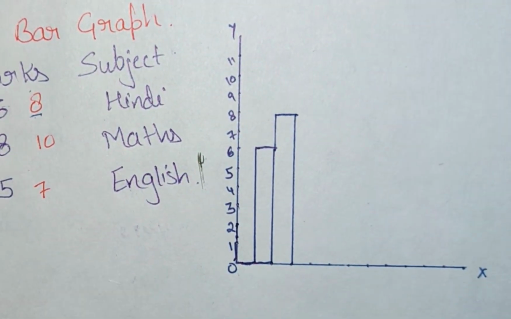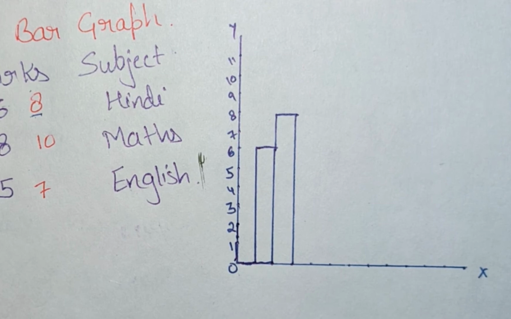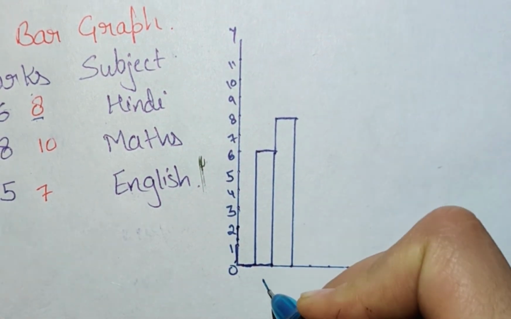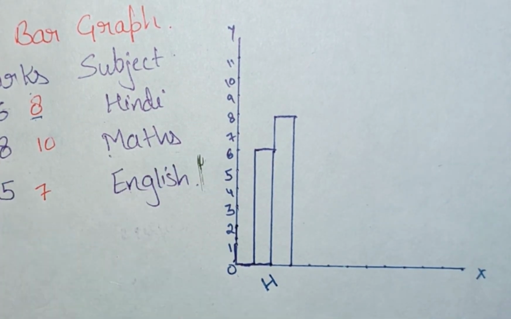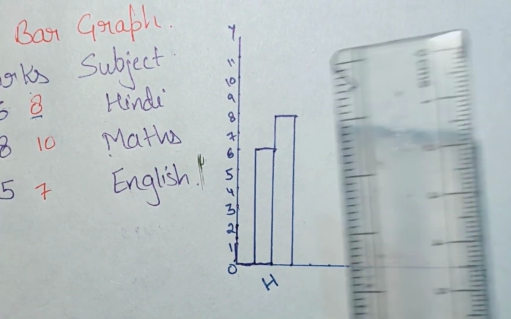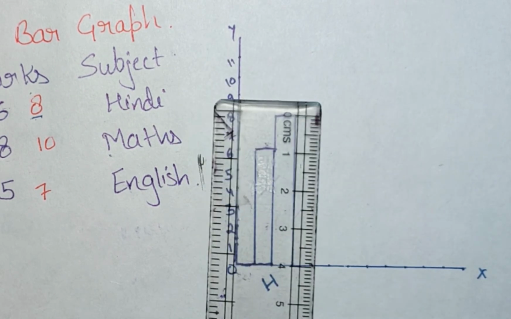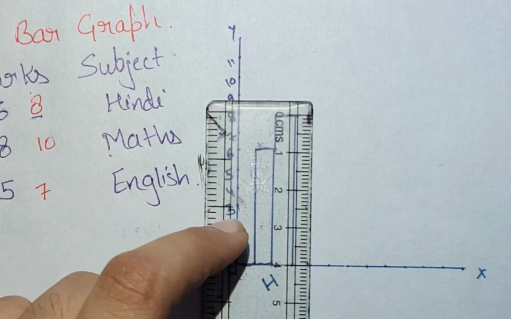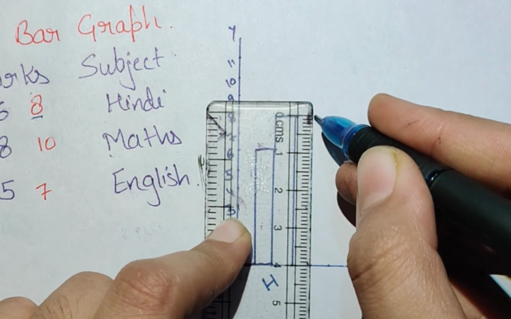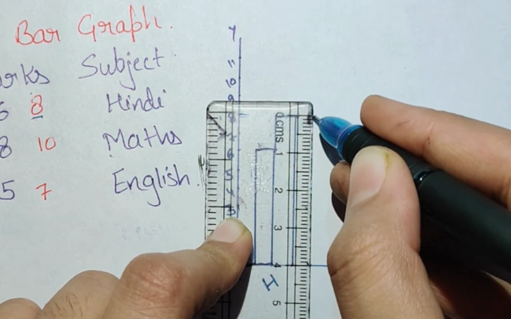So this graph is a double bar graph, and it is representing the marks of two terms of a student in subject Hindi. Okay, now let's represent the marks of maths. In first term the marks are 8. So from this point 8 is there till here.